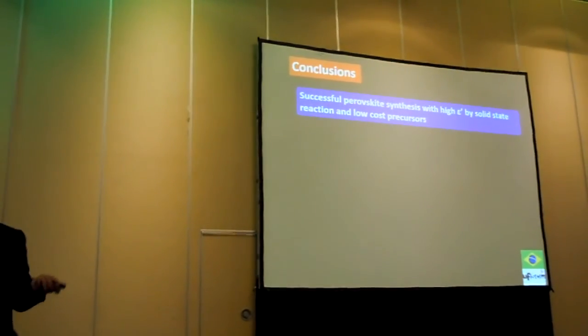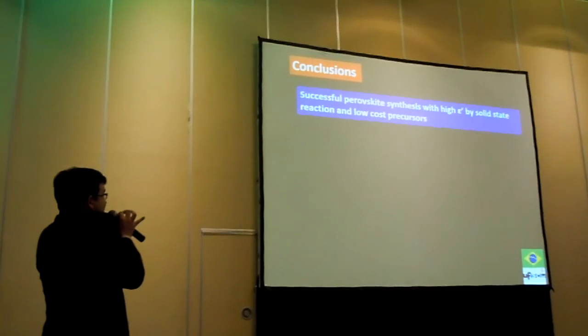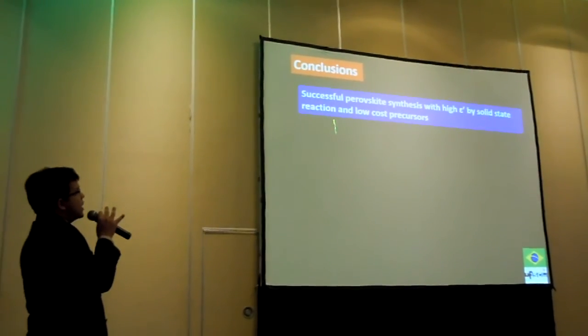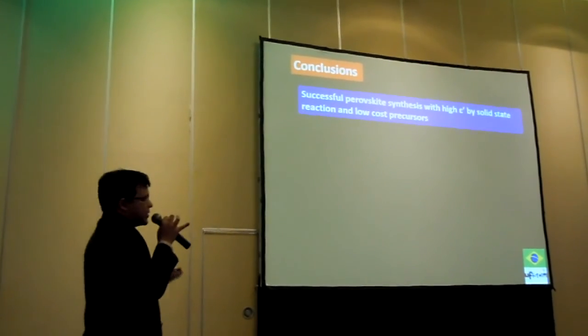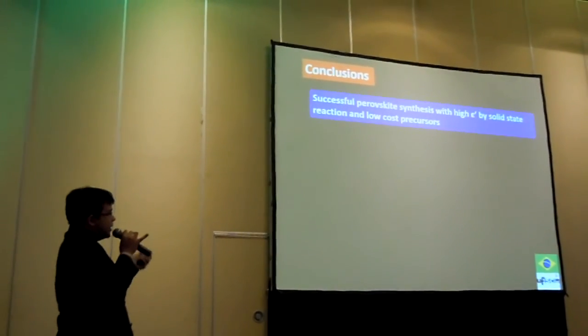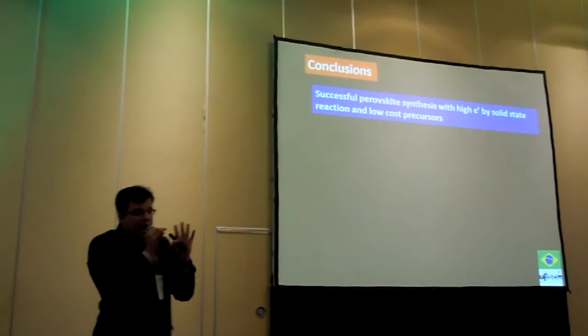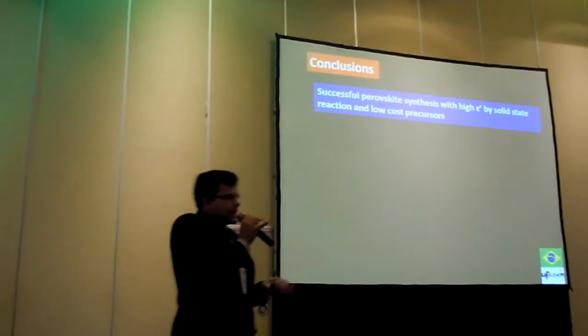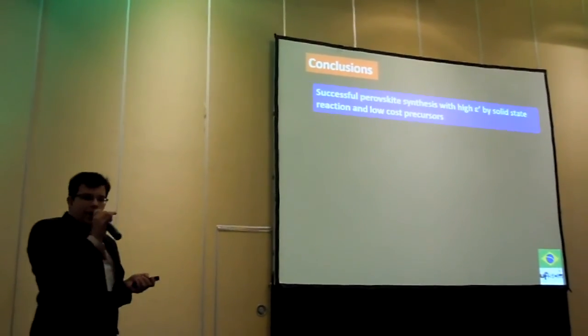So, as conclusions, we can say our first success was in the perovskite synthesis. We obtained a high dielectric permittivity material by solid-state reaction, a relatively simple process using low-cost precursors.